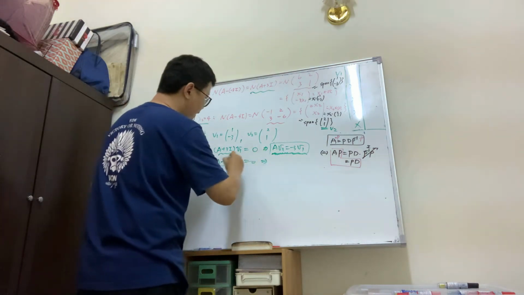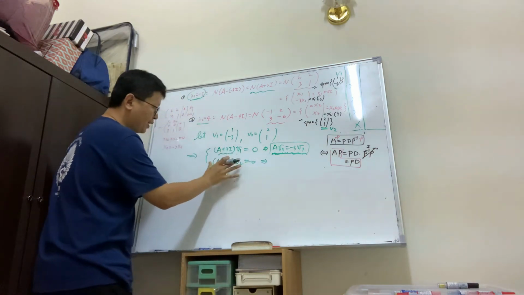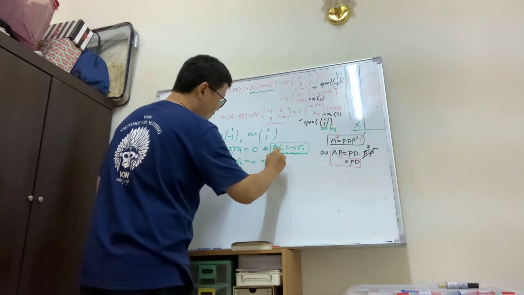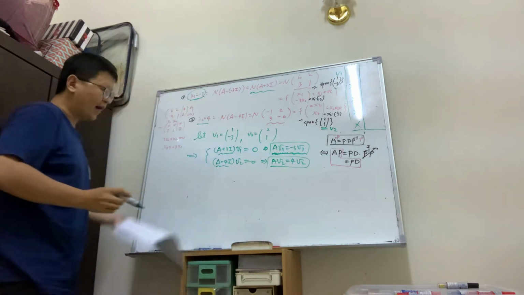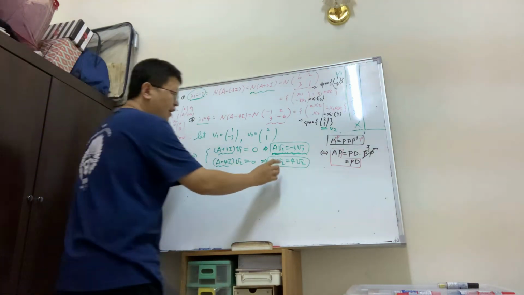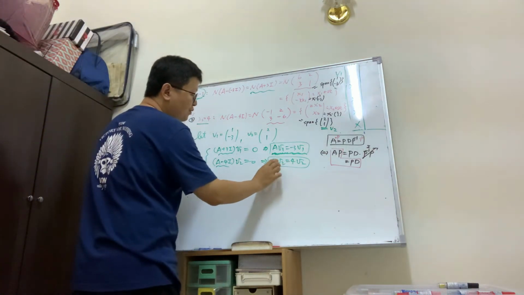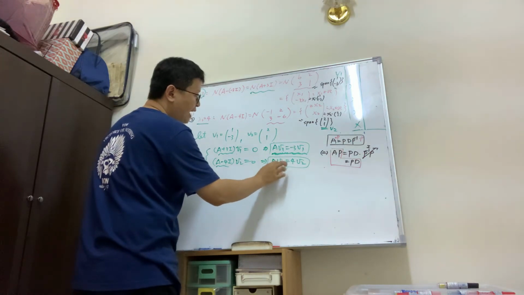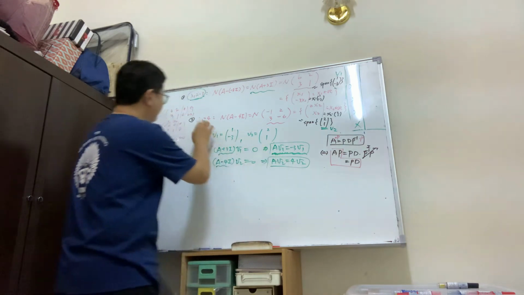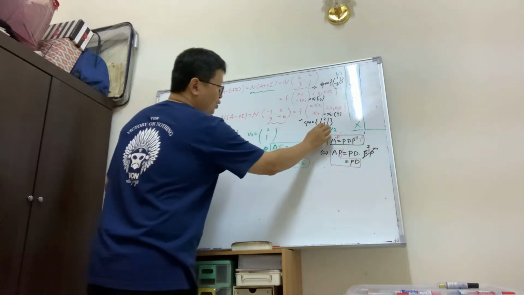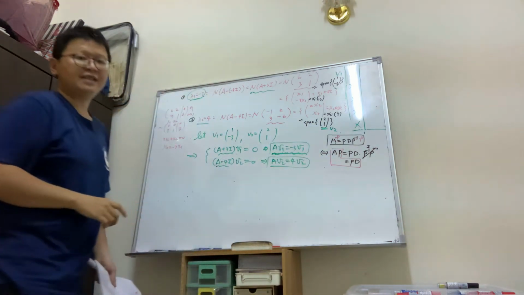It also means AV2 equals 4V2, and V2 is exactly an eigenvector of A corresponding to eigenvalue 4.